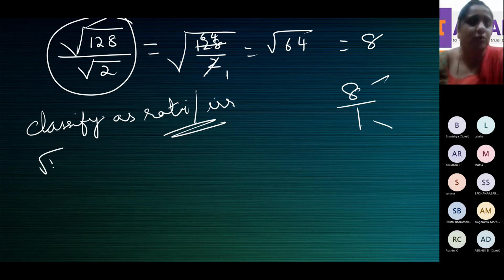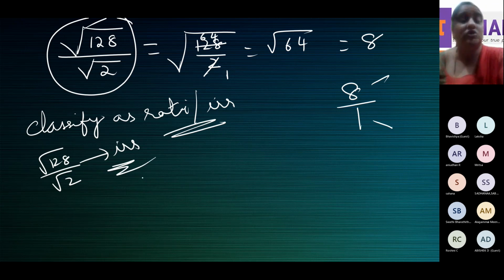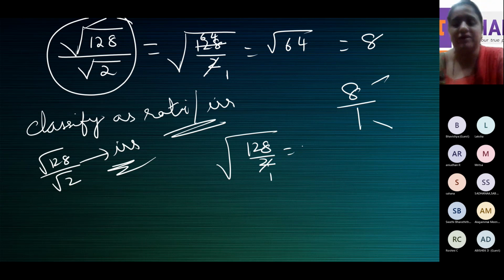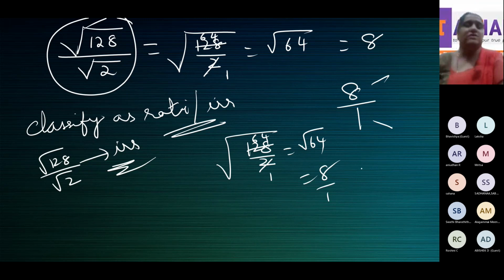Just by looking at square root of 128 by square root of 2, you might think, okay, this looks irrational. It's not like that. You must simplify. How to simplify? Square root of 128 by 2, so you can simplify like this: root 64, it's 8, 8 by 1, a rational number.